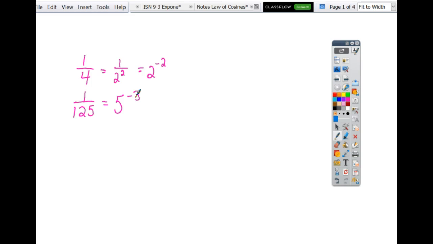So it's either positive or negative, because it's in the denominator. So if it's just 125, that's 5 to the +3. If it's on the bottom, we're going to have a negative. Does everybody see that? Yes? Or you have a question? Okay.